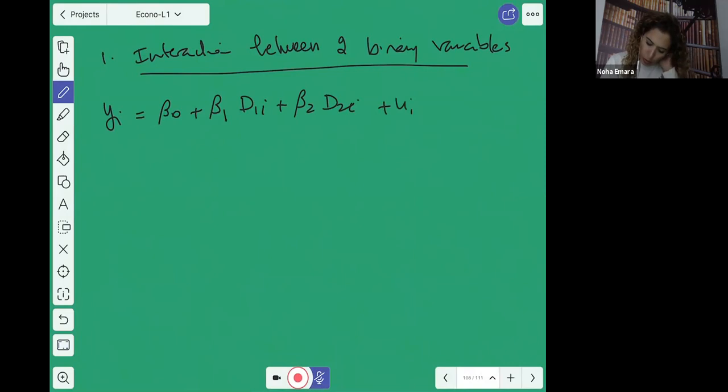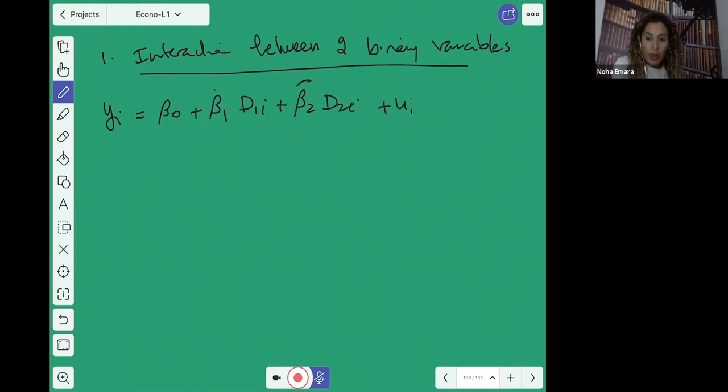And I want you to imagine that so far I don't have any interaction terms here, right? You know that beta 1 would represent the effect of d1 on y holding constant d2, and beta 2 would represent the effect of d2 on y holding constant d1.